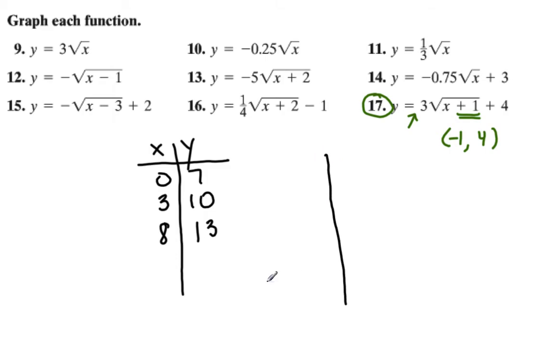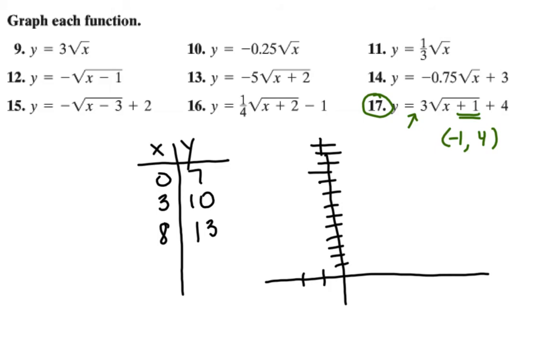let's go ahead and count the grid. 1, 2, 3, 4, 5, 6, 7, 8, 9, 10, 11, 12, 13. I don't know if I'm going to need that, to be perfectly honest with you. 1, 2, 3, 4, 5, 6, 7.